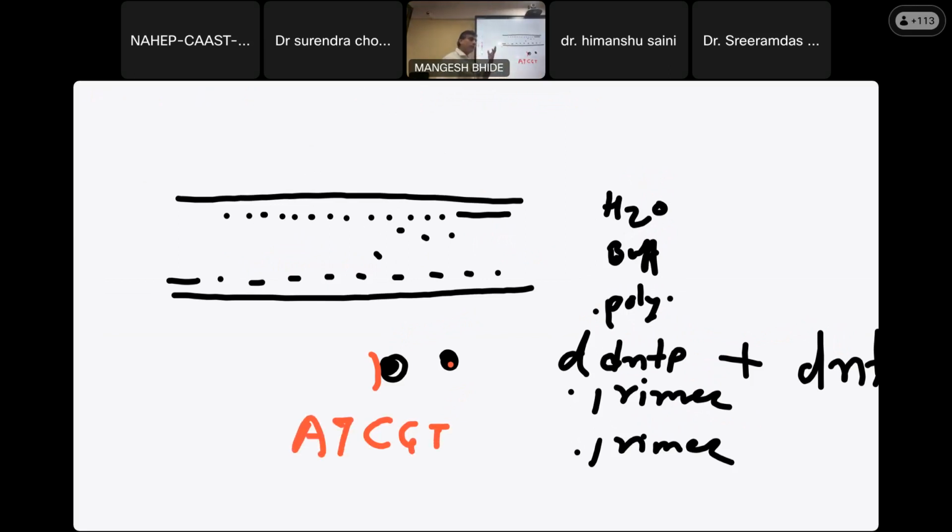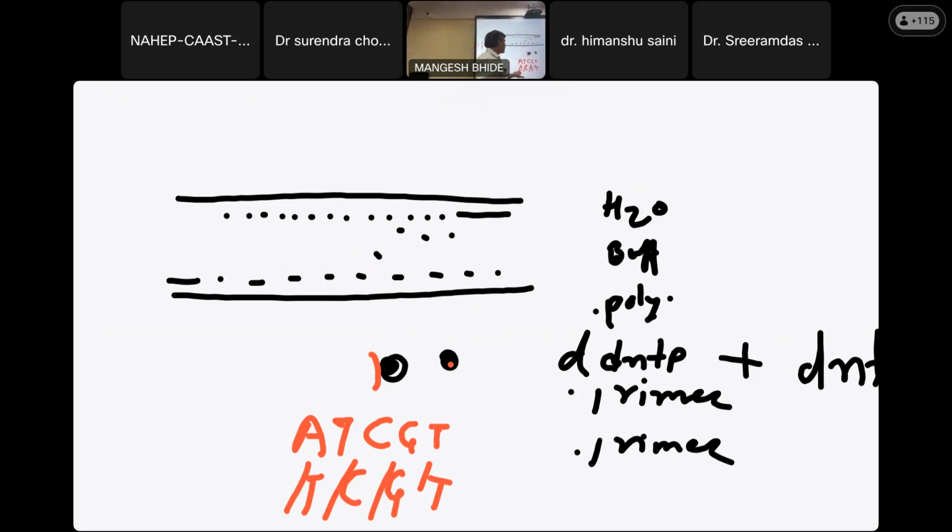But when there is ddNTP, that means you have ddNTP and stop, stop, stop, stop. So you add a mix of ddNTP along with all the components. This is the first change in classical PCR: you have the PCR, but you add ddNTP.